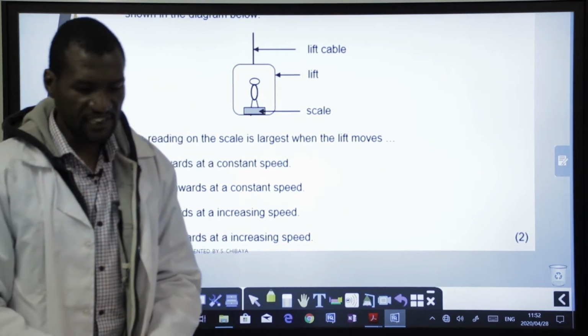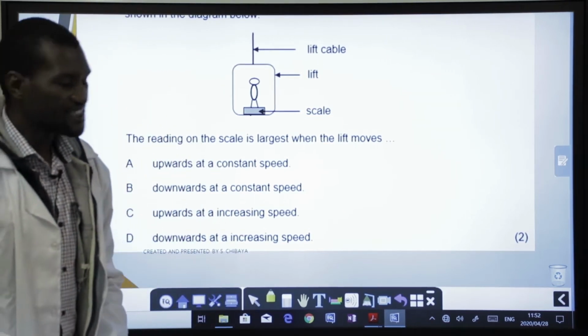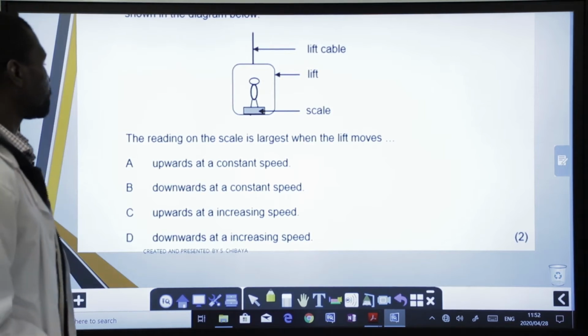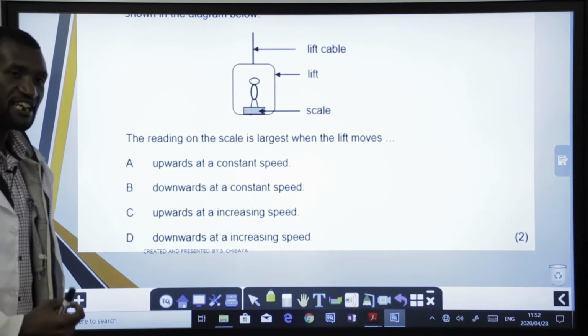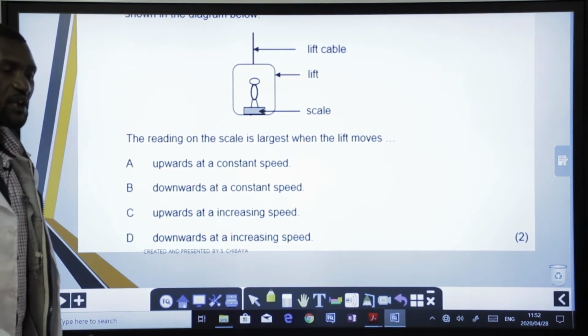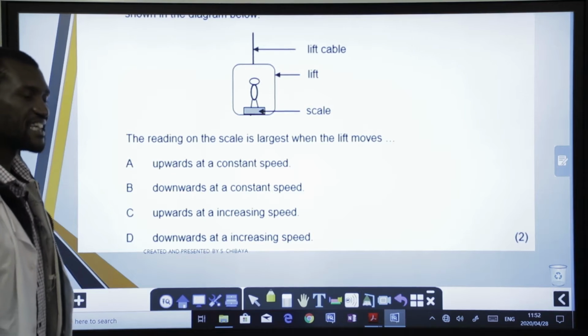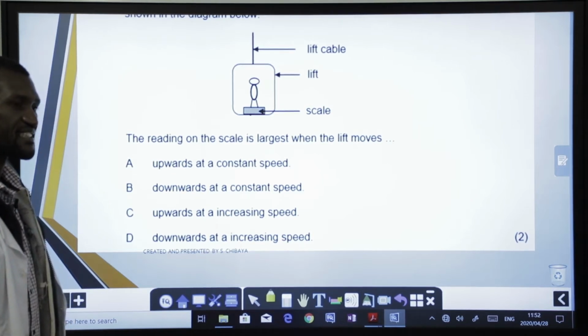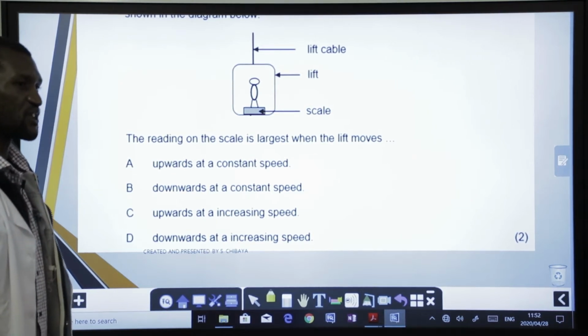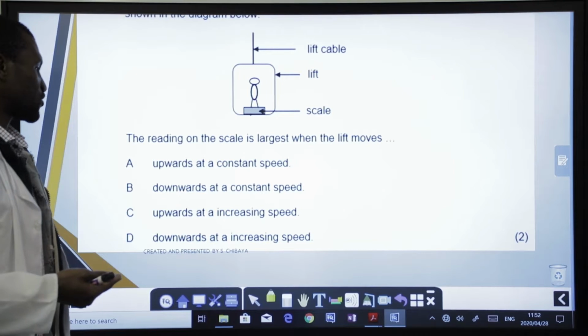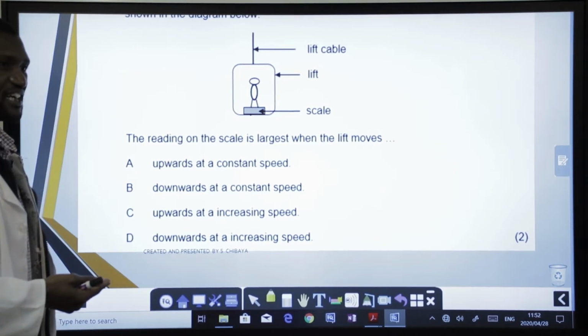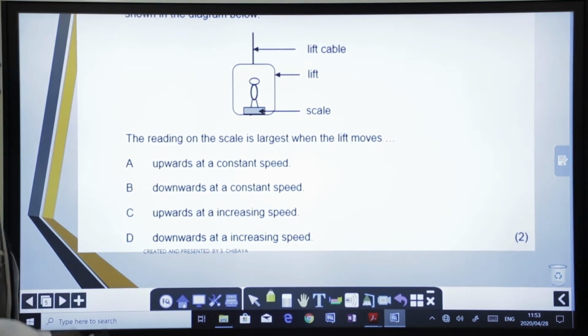The reading of the scale is largest when the lift is moving. Have you been in a lift? When do you feel weightless? The aspects of weightlessness. When do you feel like you have gained weight? This should help us come to the answer of this question.